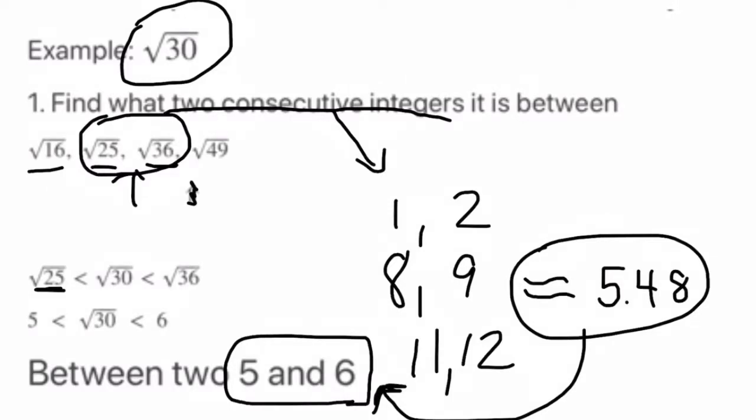Now, last year I saw a student do it, and I don't know why I never thought about doing it this way, but I just thought it was fantastic. They started with the approximation, and they typed it into their calculator, and then they looked at the whole number place, and they knew that this decimal fell between the whole numbers 5 and 6.